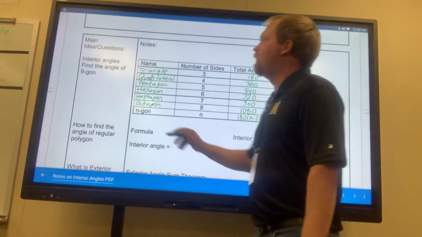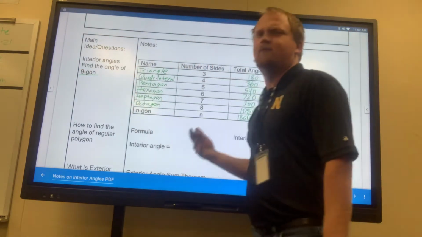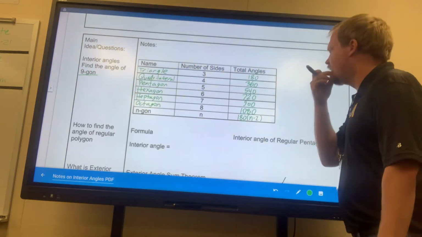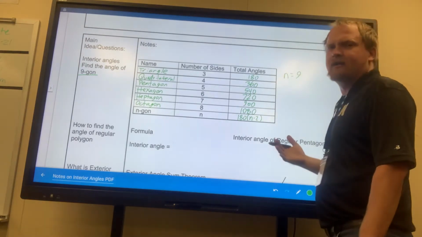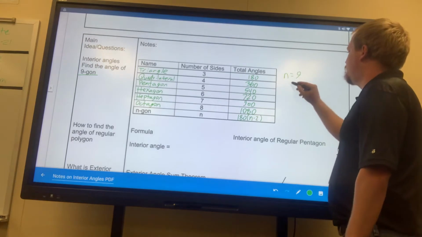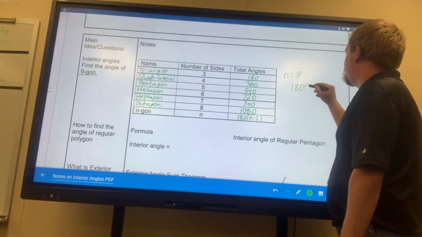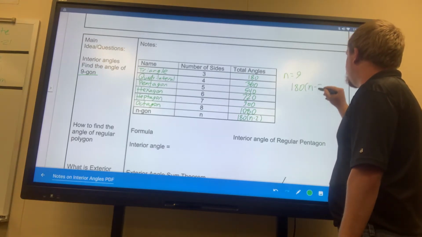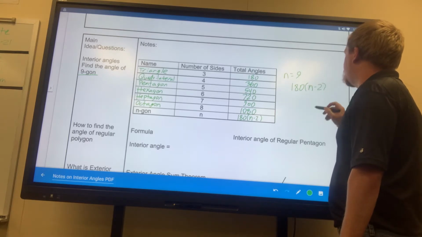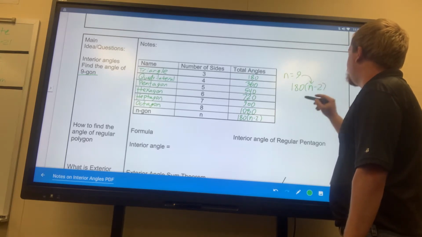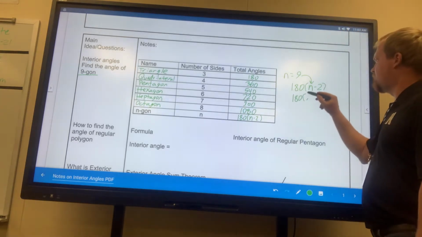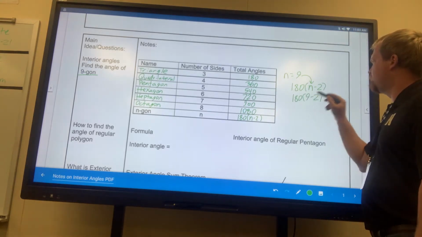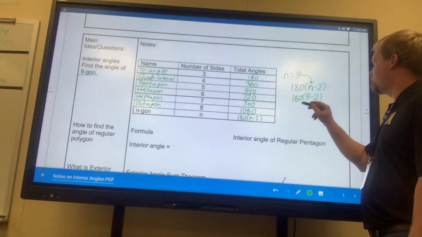So if we're looking for a 9-gon, a 9-sided figure, all we have to do is say that n is equal to 9, and then plug 9 into n. I'm just going to write the formula real quick. So I'll replace n with 9 to make it 180 times 9 minus 2. 9 minus 2 gives me 7.